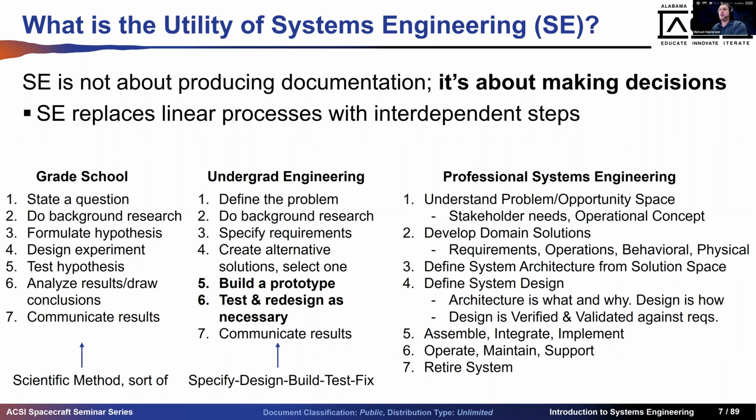You do the assembly and integration, you implement or realize that integrated system, then you have operations and maintenance or support sometimes, and then you retire that system. So that is how we are getting from the scientific method to specify, design, build, test, fix to the professional systems engineering understanding of the opportunity and problem spaces that exist, ultimately transitioning into the solution space.